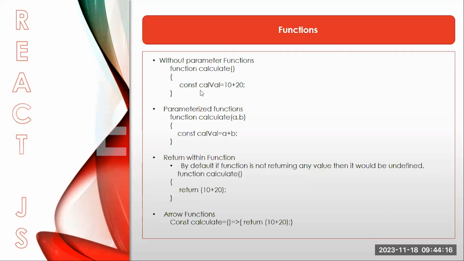But in backend languages like C sharp or Python, return is mandatory, while in JavaScript it is not mandatory. If you want to return values, you can use return.